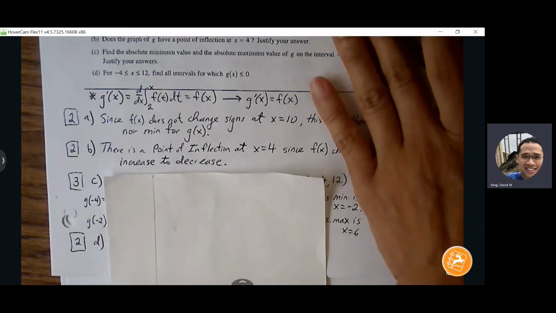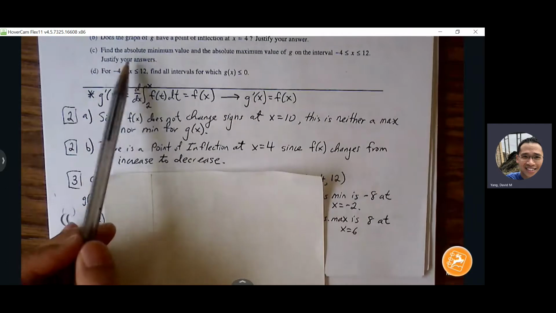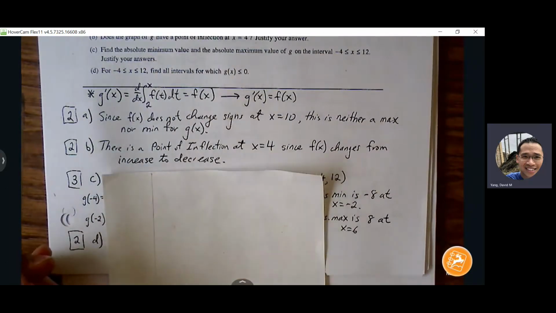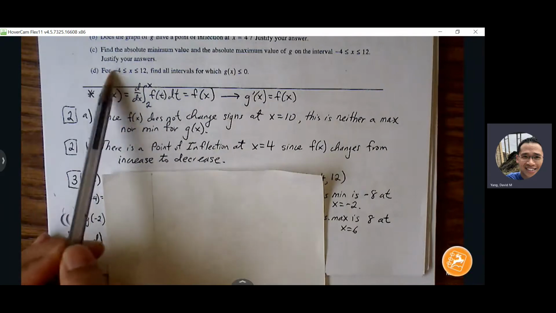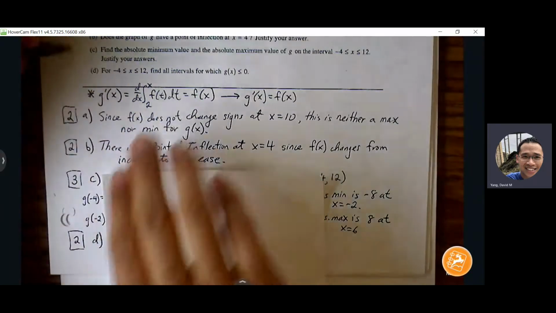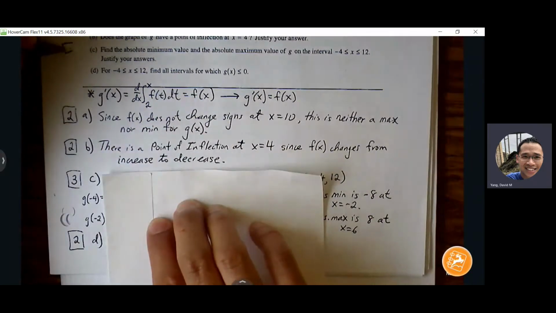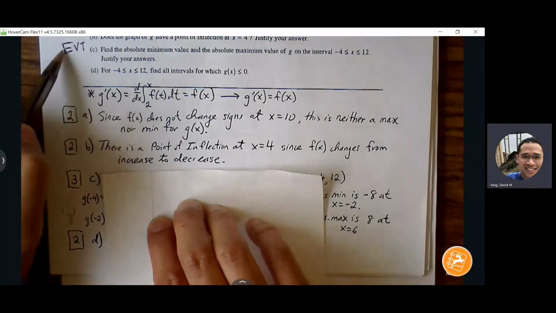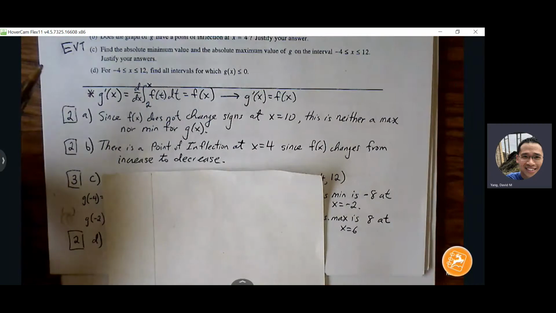Okay, part C. Find the absolute minimum value and the maximum value on the interval from -4 to 12. Justify your answer. So this is basically asking us to apply EVT. EVT says test endpoints and test critical points.